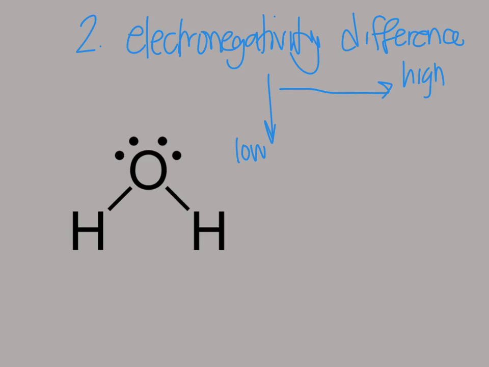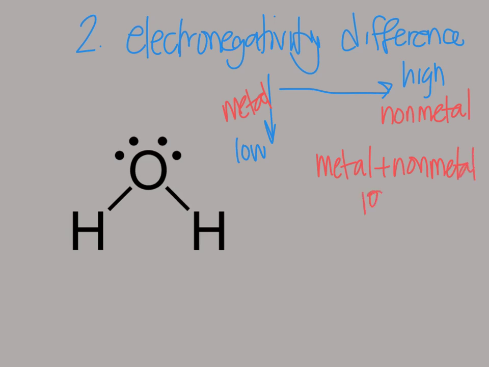This side is mostly metals, and this side is mostly nonmetals. In general, when you have a metal combined with a nonmetal, you will have an ionic compound, because you have gained or lost electrons. That can be thought of as polar, because the electrons are not evenly distributed.